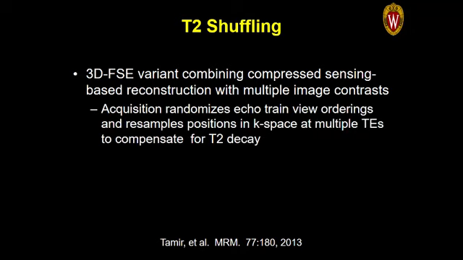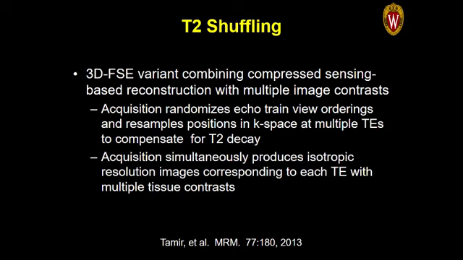Now, acquisition randomizes echo train view ordering and resamples positions in k-space at multiple echo times to compensate for T2 decay, thereby reducing image blurring when compared to conventional three-dimensional fast-spin echo sequences. In addition, the acquisition simultaneously produces isotropic resolution images corresponding to each echo time with multiple tissue contrasts.